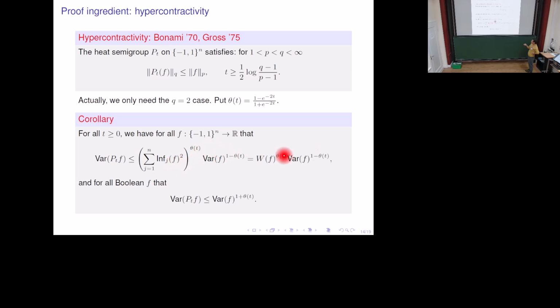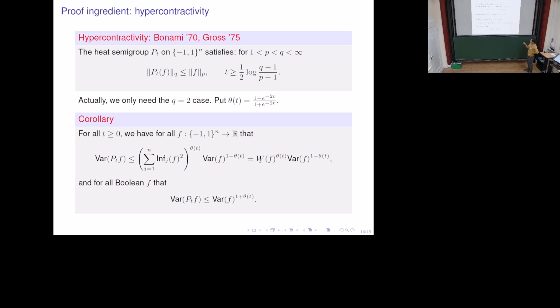This upper bound is really the geometric mean of the variance of f, so the variance of P_t f at time 0, together with another part which is exactly this W of f, the weird part W of f appearing in the inequality T1/2.